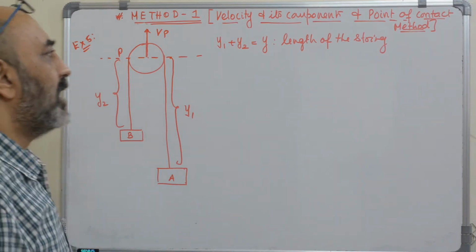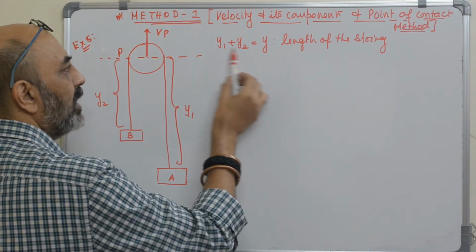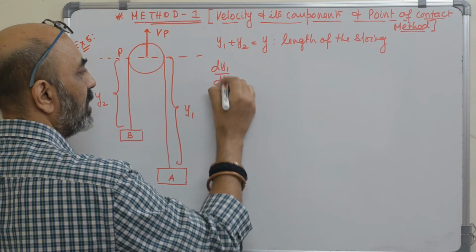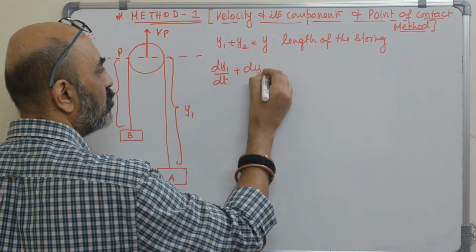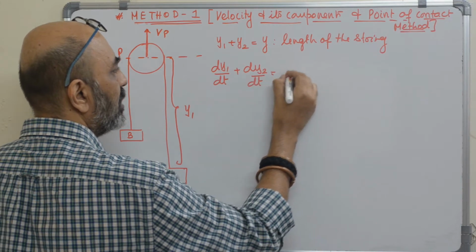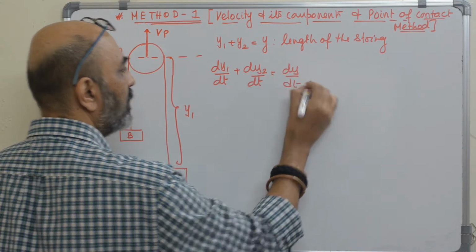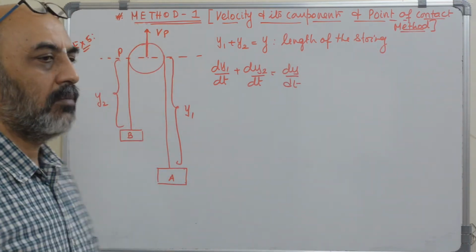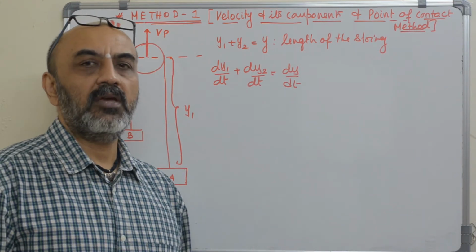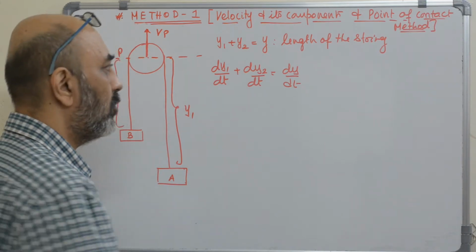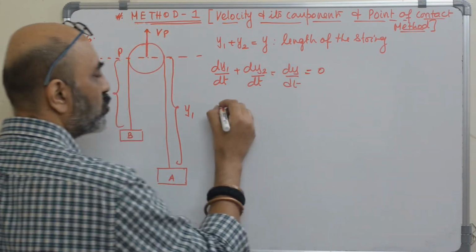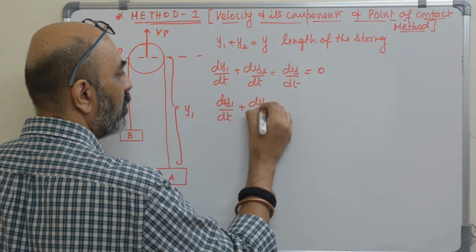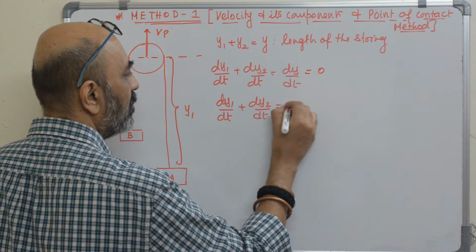Okay, now if it is the length of the string, then if I differentiate this, so if I write dy1 by dt plus dy2 by dt is equal to dy by dt. सबसे पहले y is what? The length of the string, and we are talking about an inextensible string, so the variation of the string with respect to time is 0. So this is definitely 0. So we have what? dy1 by dt plus dy2 by dt is equal to 0.